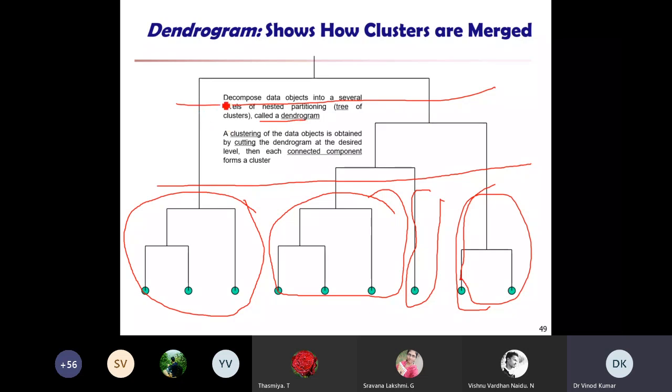Only two clusters, this one and this one. If you cut at this level, you will get as many clusters as the number of objects. So this type of cutting is done to find the number of clusters.